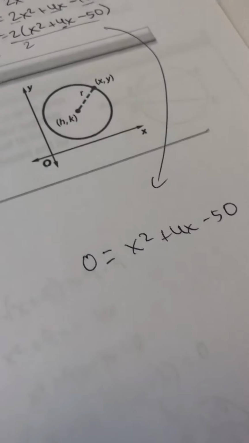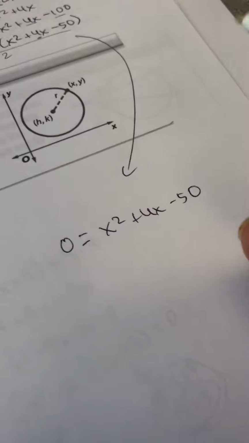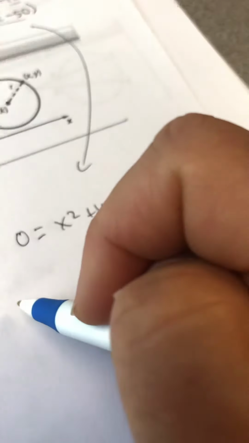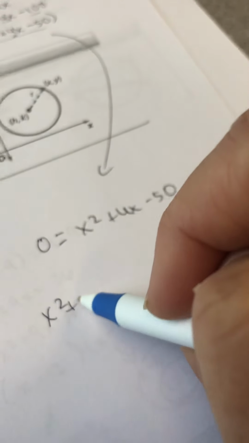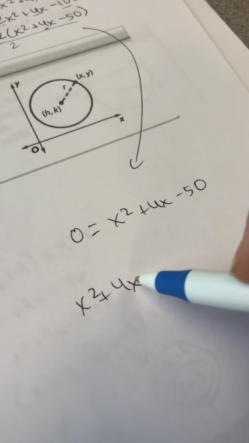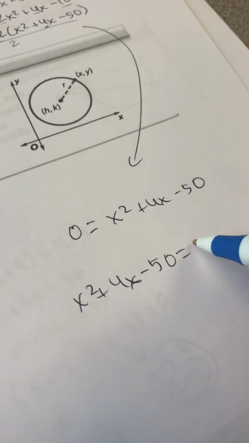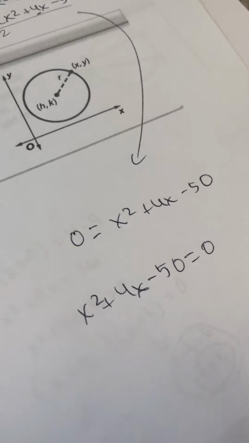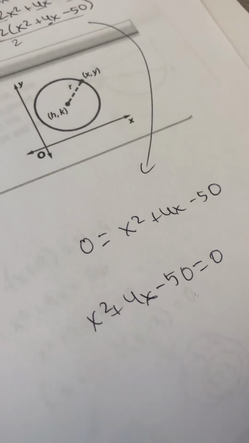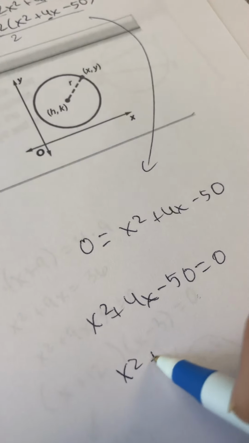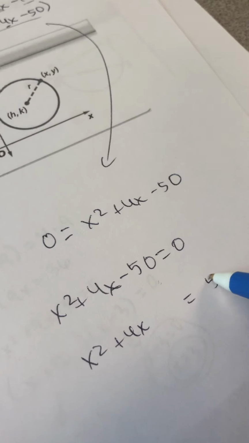And I'm going to solve this by completing the square to give you all a little review of that. And some people really like to have the 0 on the other side, so I'm going to appease those people. Now, when you're solving by completing the square, first, I would move the constant over to the other side. So we have x squared plus 4x equals 50.